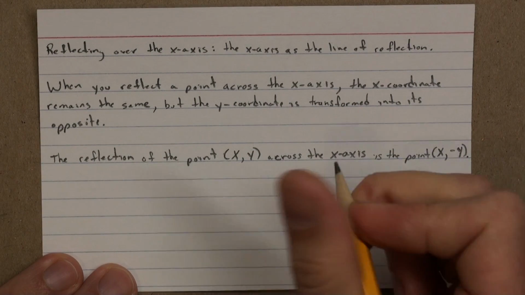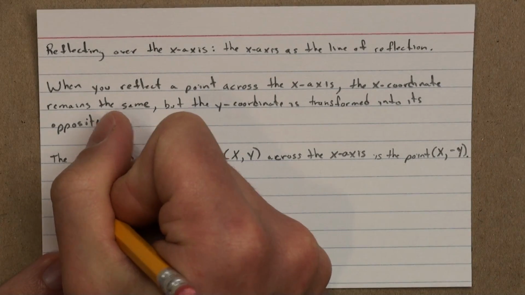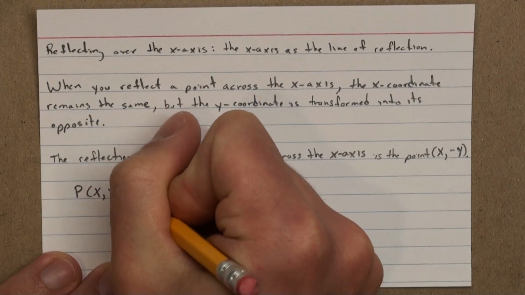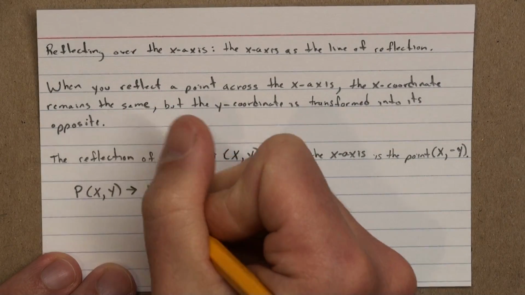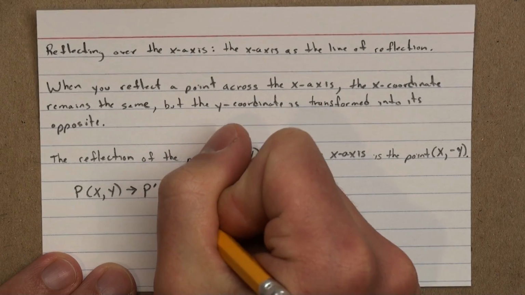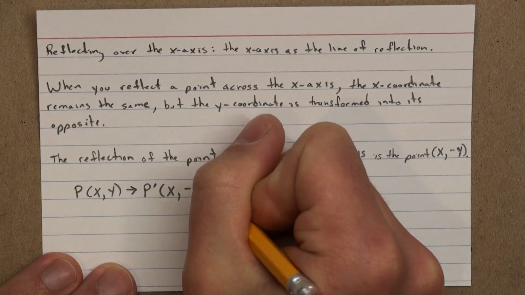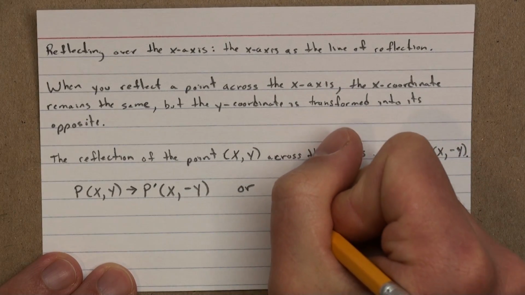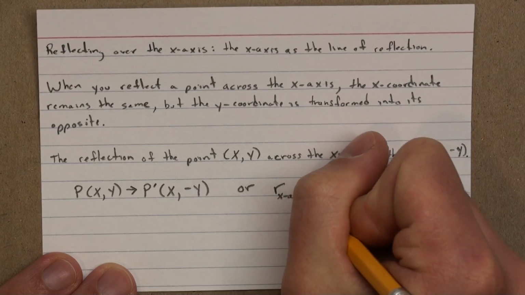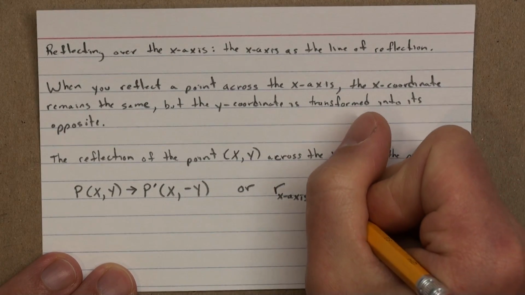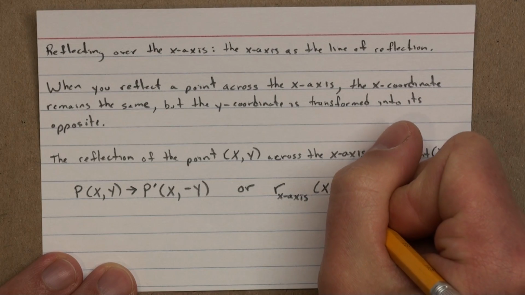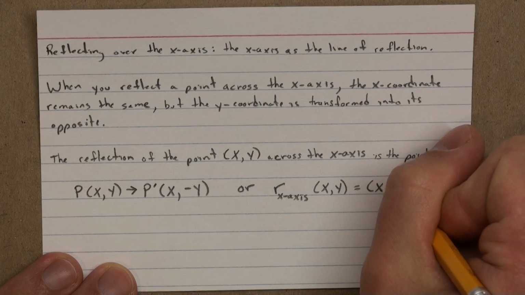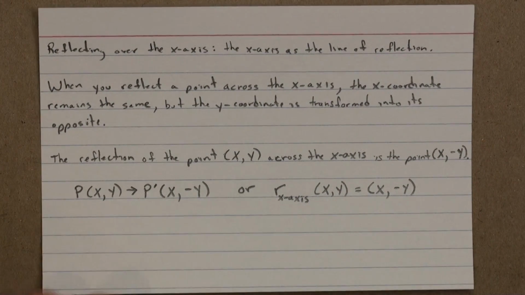You can say P x comma y goes to P prime x comma negative y, or a reflection in the x-axis of x comma y equals x comma negative y.